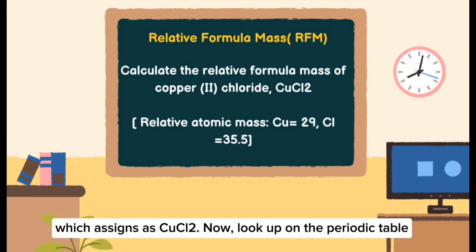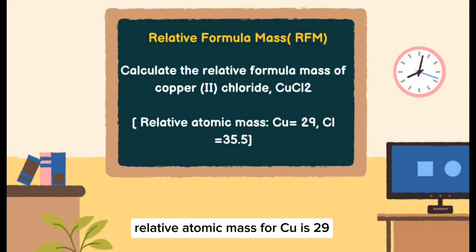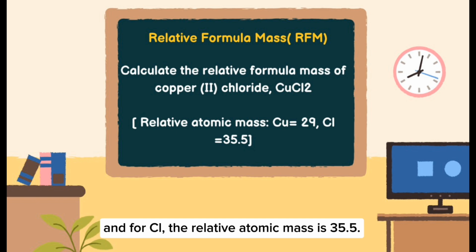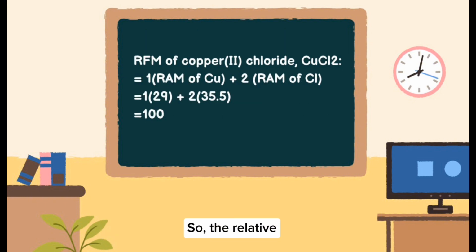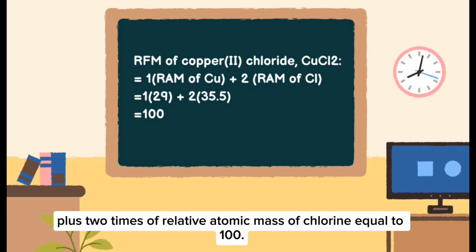Now, look up the periodic table. Relative atomic mass for Cu is 29, and for Cl, the relative atomic mass is 35.5. So, the relative formula mass for copper chloride is the relative atomic mass of copper plus 2 times the relative atomic mass of chlorine, equal to 100.